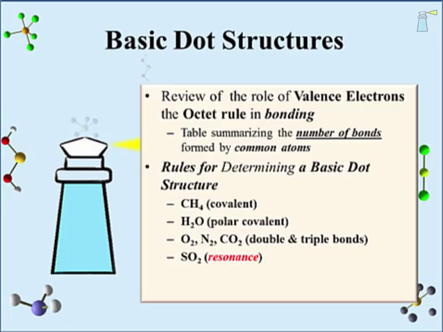The topic of resonance is first explored with the compound sulfur dioxide. And we round off our coverage with NH4+ and CO3 2- to demonstrate how to build dot structures with polyatomic ions. CO3 2-, or carbonate, also serves as a demonstration of resonance.